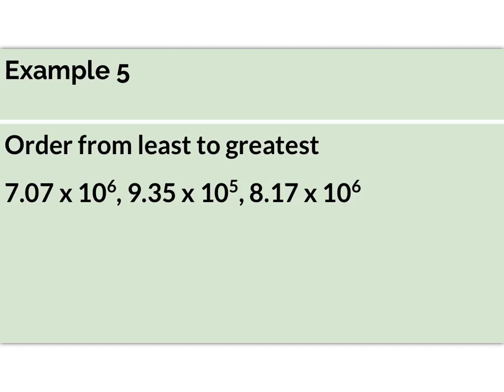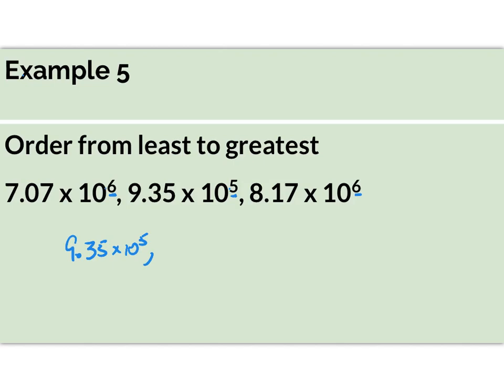Okay, so order these numbers from least to greatest. So now all we have to do here is just look at our exponent. And 10 to the fifth is the smallest, so I'm just going to put 9.35 times 10 to the fifth, and I'm not even going to worry about anything else as a base.